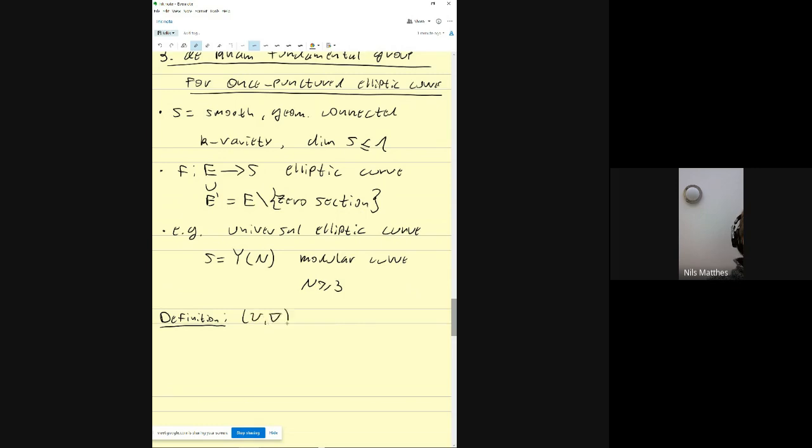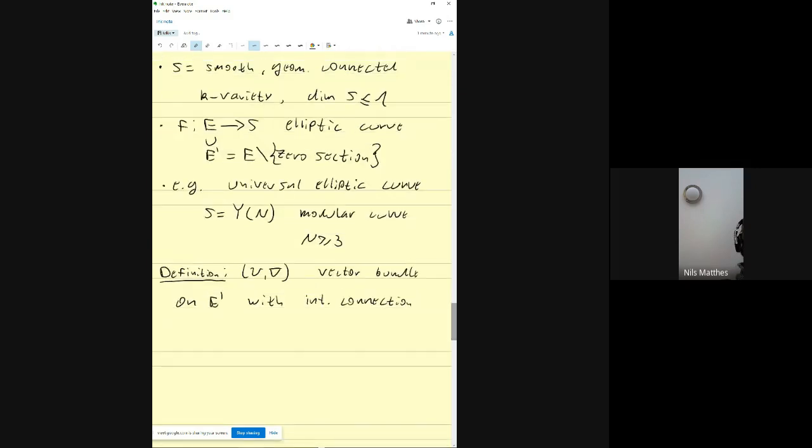So say a vector bundle with connection nabla is relatively unipotent.